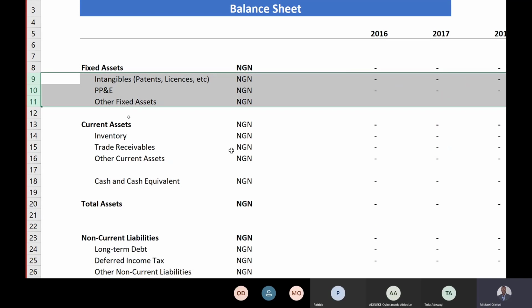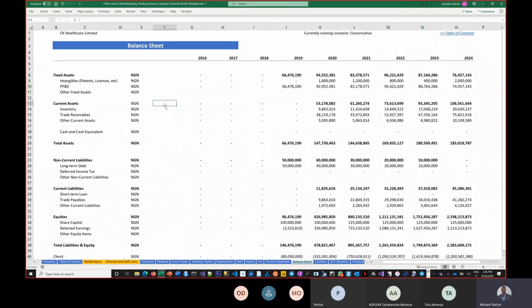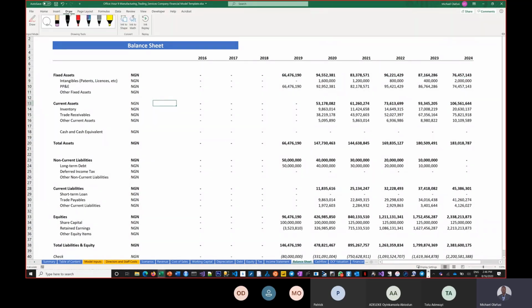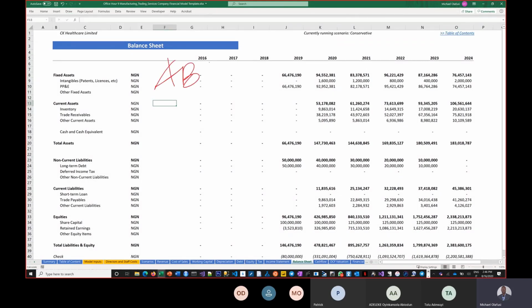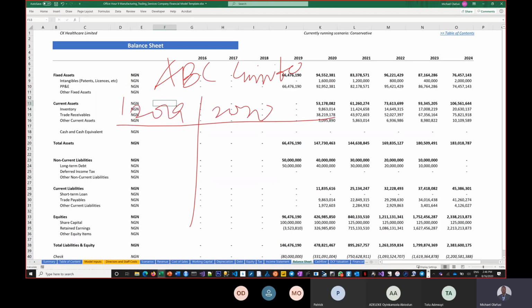So let us think about how, in real life on paper, this impact is captured. So imagine that you have again ABC Limited. Now let's talk about year 2019, year 2020, and the fixed assets.